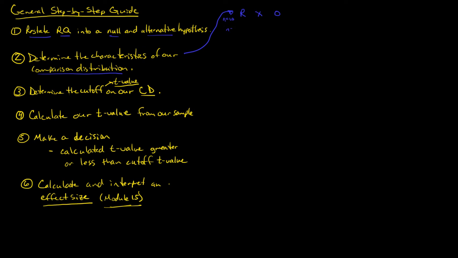Then you're taking another n equals 10 individuals and randomly assigning them into a control group where they get nothing, no treatment, and then you're going to make an observation.